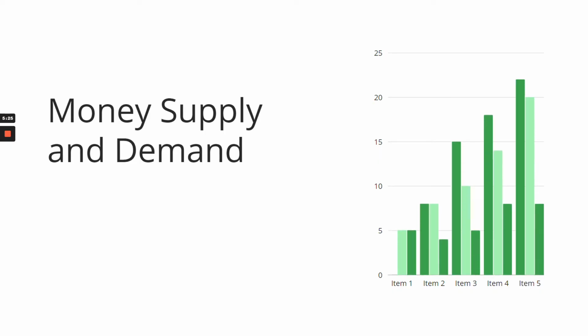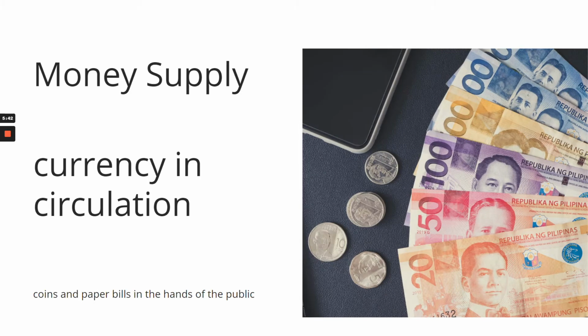Right. So, like any other goods and services, money has its own market supply and demand. And according to ManQ in 2007, money supply consists of two things. One is the currency in circulation. These are the coins and paper money that you have, in your pocket, in your wallet, in your piggy bank, under your bed.